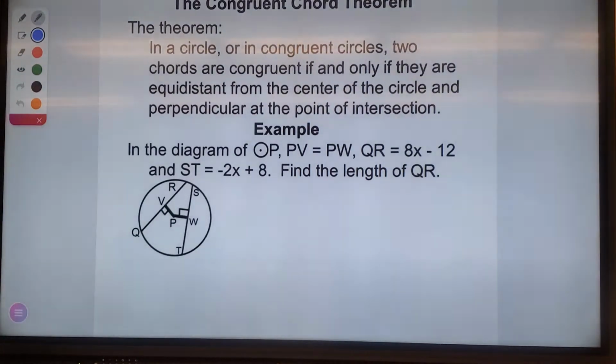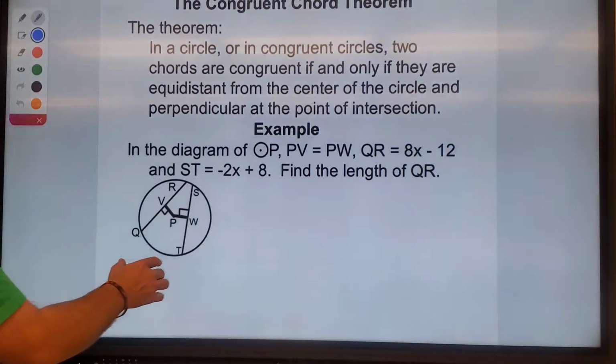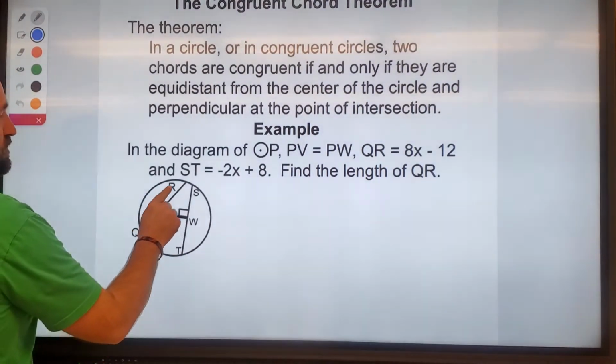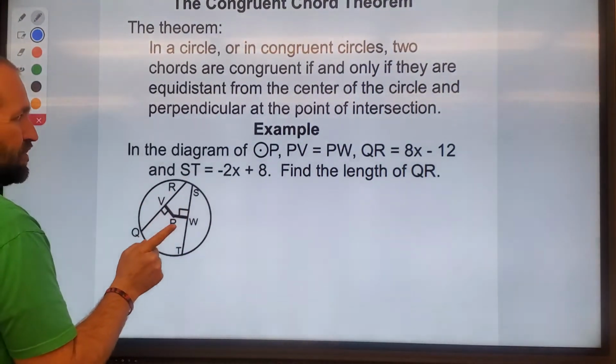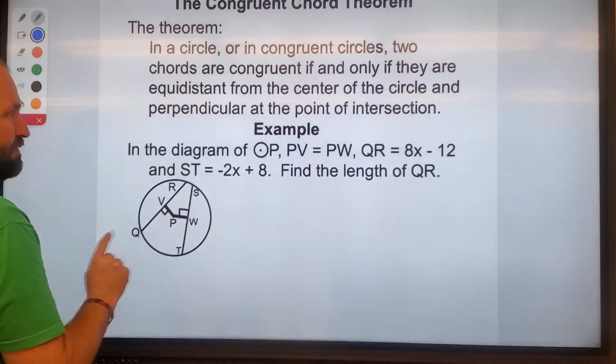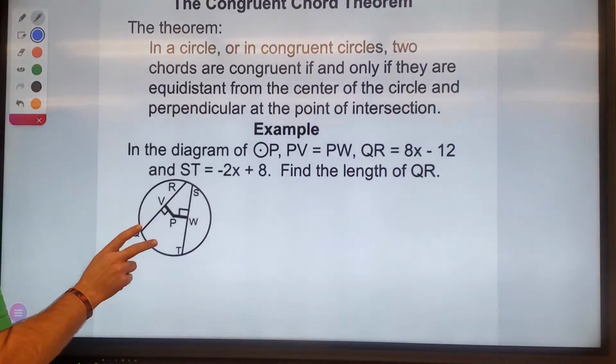So what does that mean? That means that on this circle here, these two chords, Q to R is congruent to S to T, if and only if we have the two scenarios.